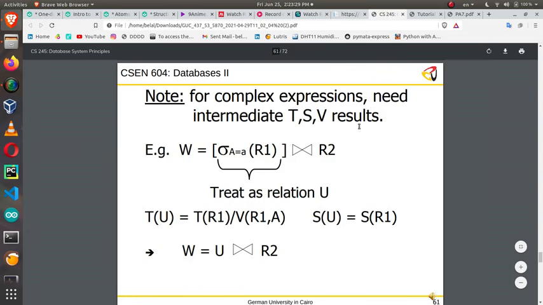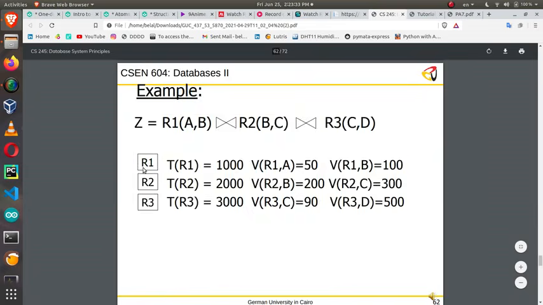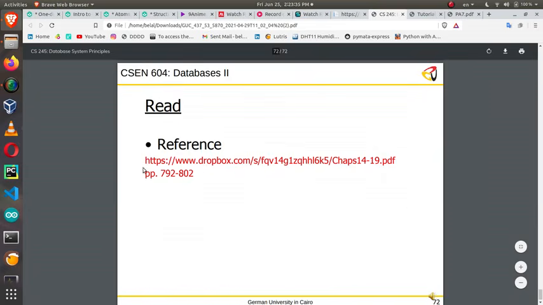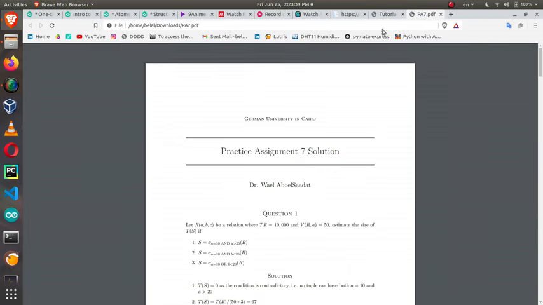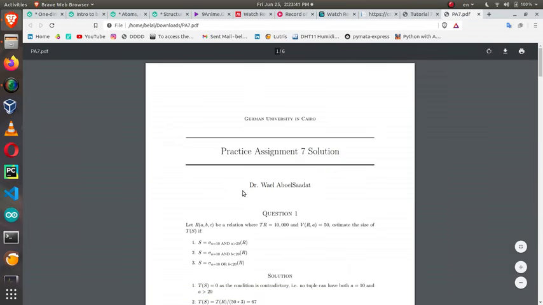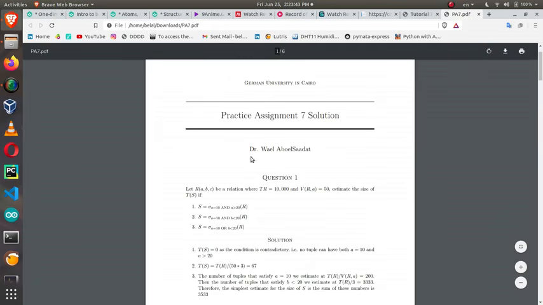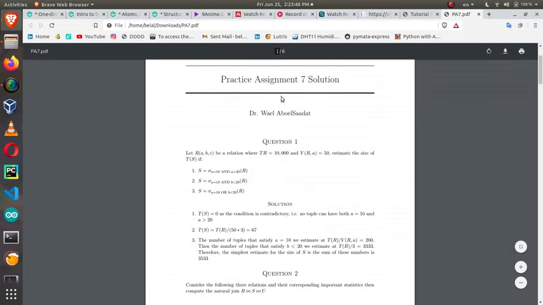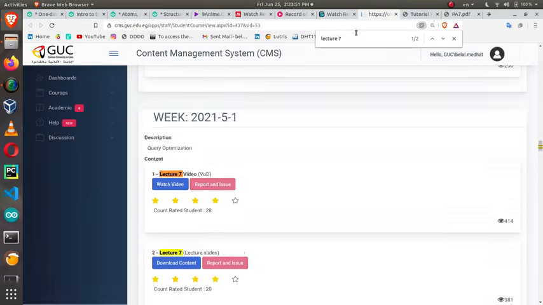Okay, we are finished. Okay, so now let's practice these rules by solving the following questions in practice assignment 7. You will find it on the CMS. Okay, try to solve the problems by yourself.